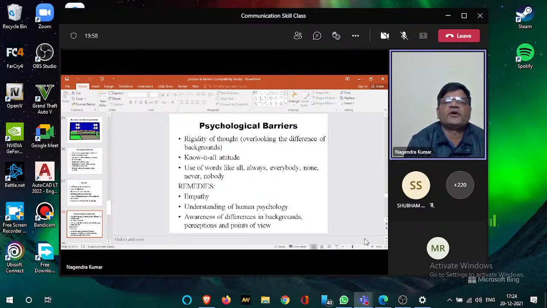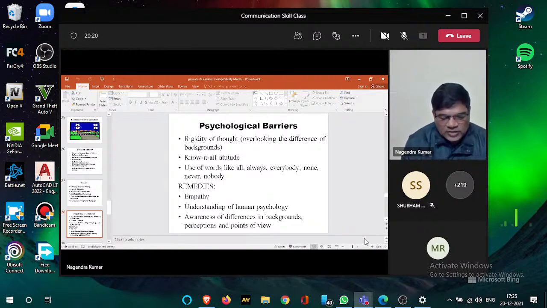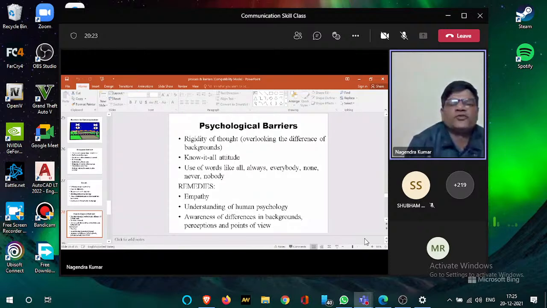Now, rigidity of thought means overlooking the difference of backgrounds. So we might tend to think that whatever I am thinking is the only right way of looking at a particular thing. When we do that, we make a mistake. So let's say you have a happy-go-lucky kind of approach towards life, and you believe that alongside your studies, extracurricular and co-curricular activities are as important, and life is there to be lived fully.